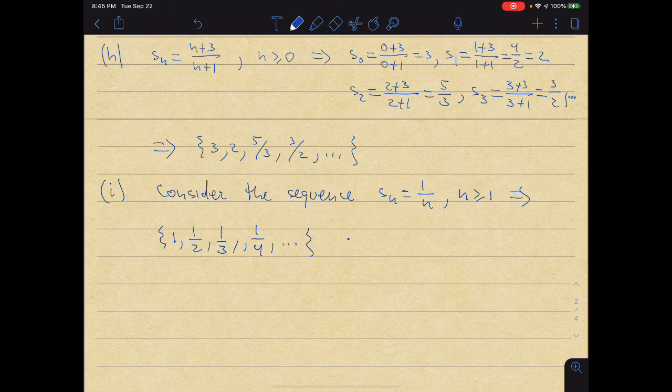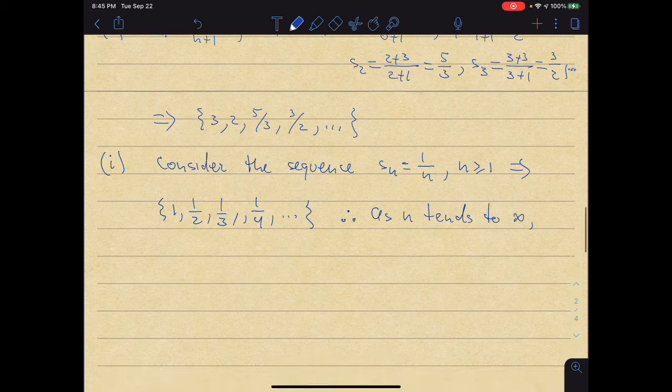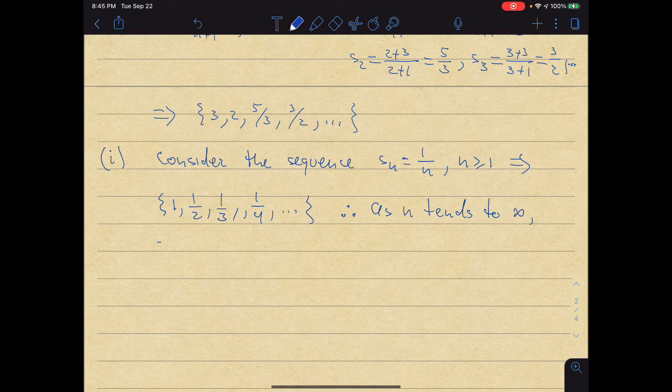And so then the conclusion, by looking at this sequence, an obvious conclusion is that as n tends to infinity, Sn tends to 0, right?